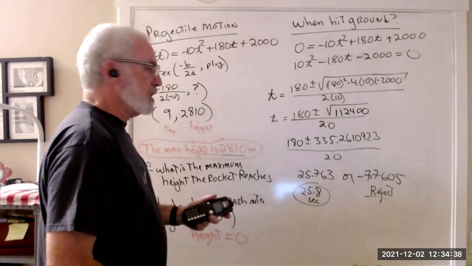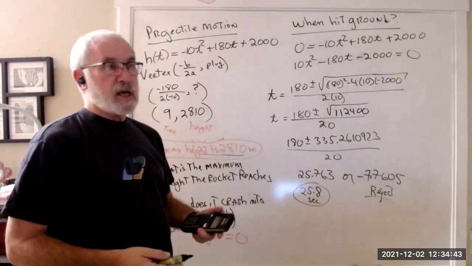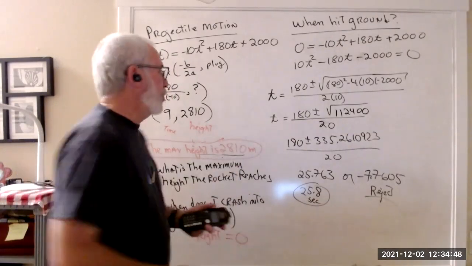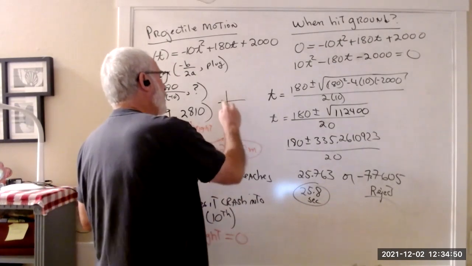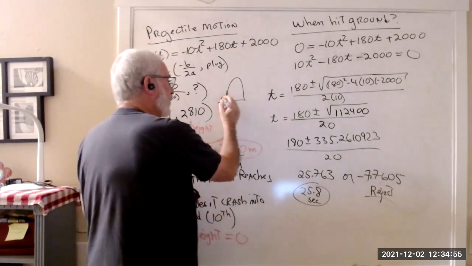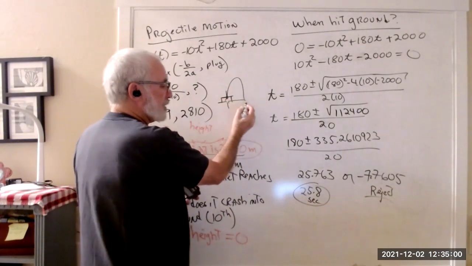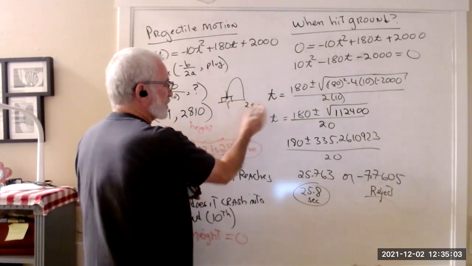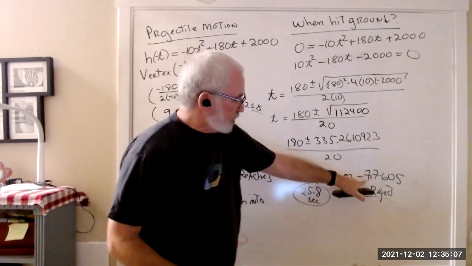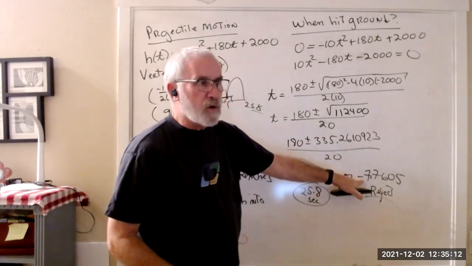Actually, scientifically, yes, you can have negative time, but this problem says no. Remember, the rocket is taking off from this point, going up and down. It hits the ground 25.8 seconds out here. The negative time is 7 or 8 seconds, whatever you round to, before it took off.